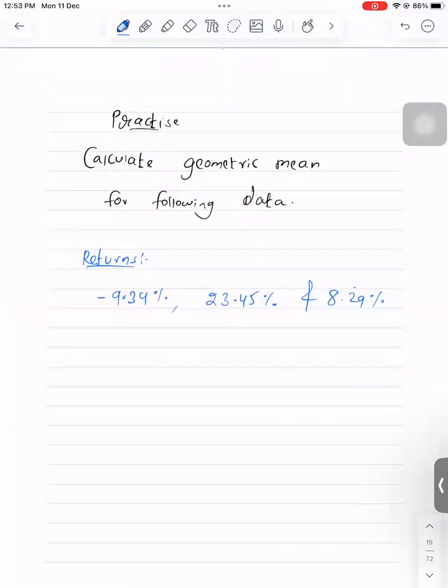Now try this one. Find out the geometric mean.